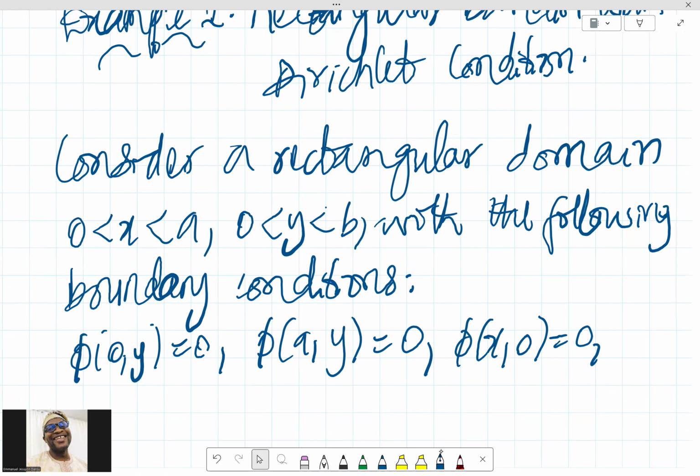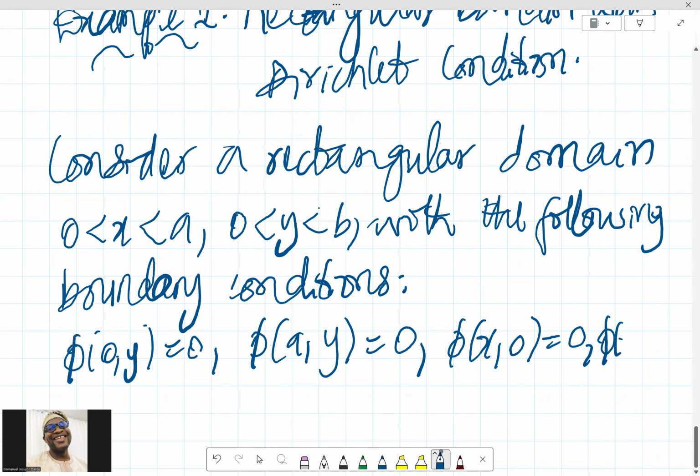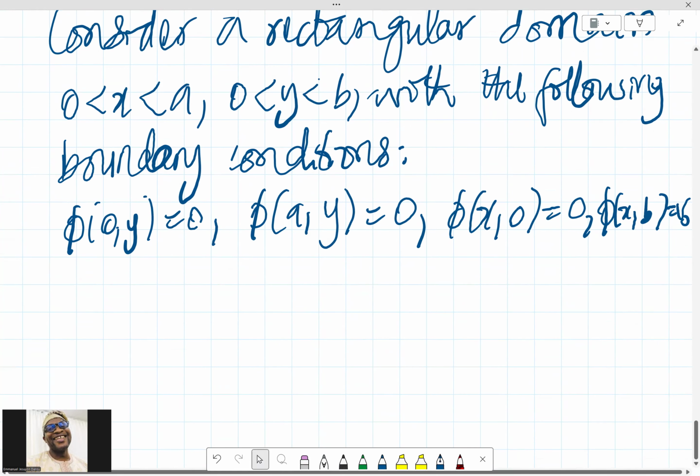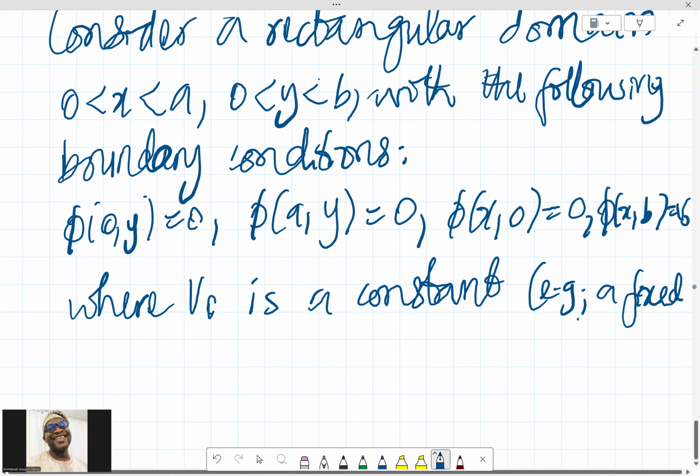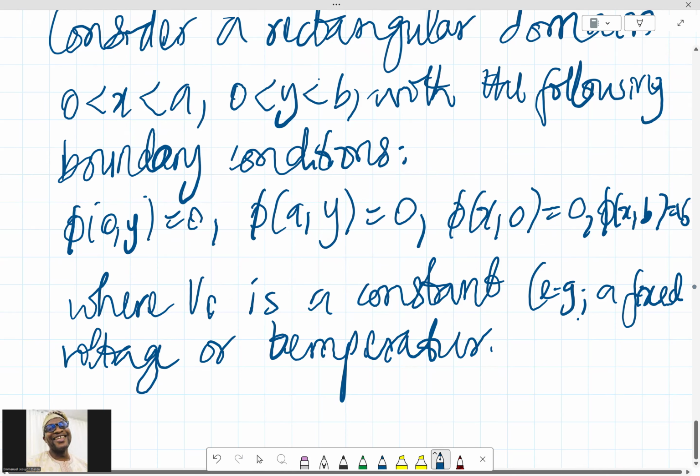And of course, phi of x comma b is equal to v naught, where v naught is a constant, e.g. a fixed voltage or temperature at the top boundary.